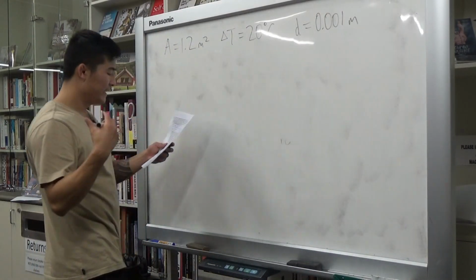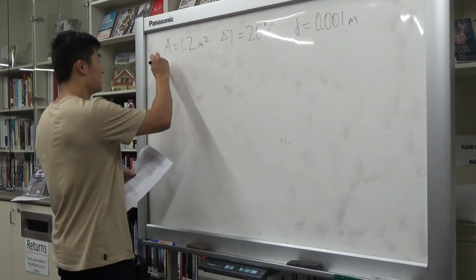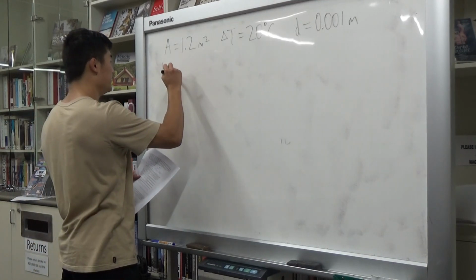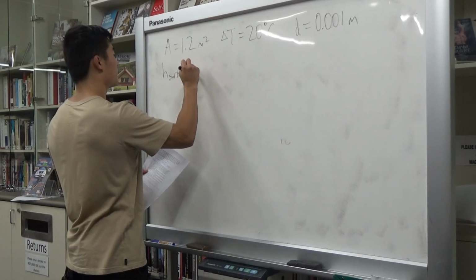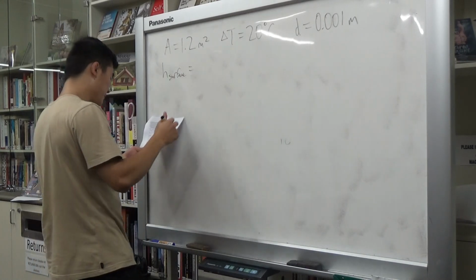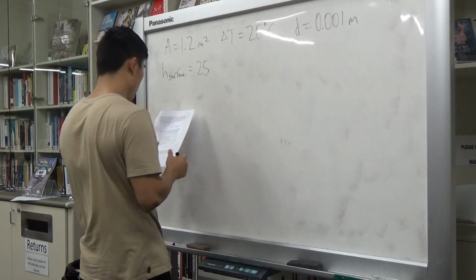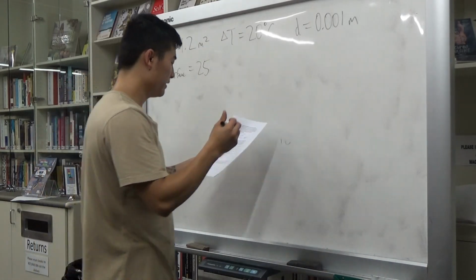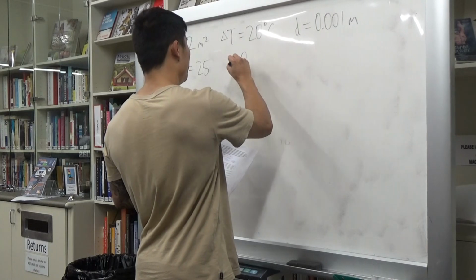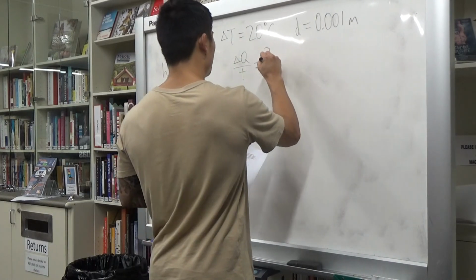And the surface heat transfer coefficient, so that's H of surface, is 25. And we want to find out the rate of heat transfer, so that's delta Q over T equal to question mark.